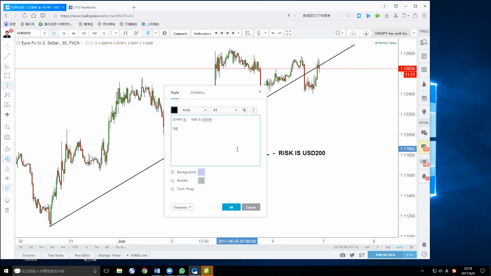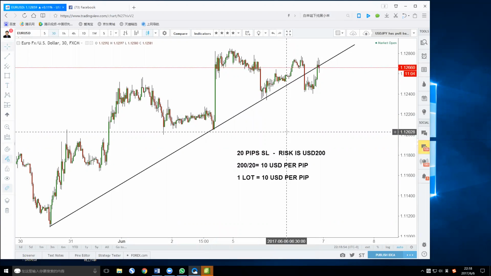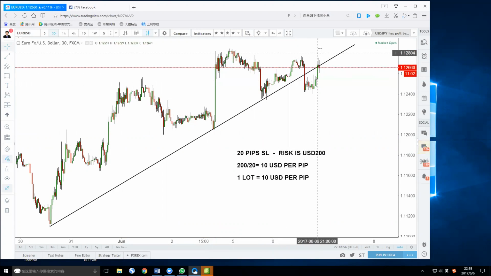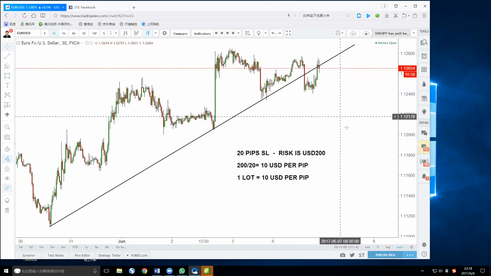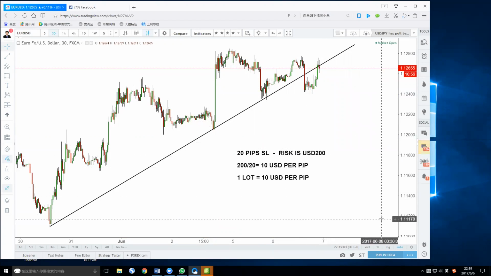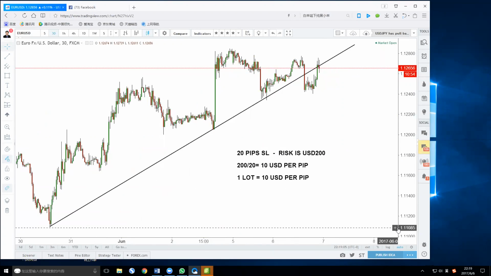Very simple, just use $200 divided by 20, which means $10, 10 USD per pip. So remember, if you trade one lot, it means 10 USD per pip. So you just trade one lot, right? You trade one lot, stop loss here, and you can take partial profit here, take partial profit here, and then hold another one all the way down.